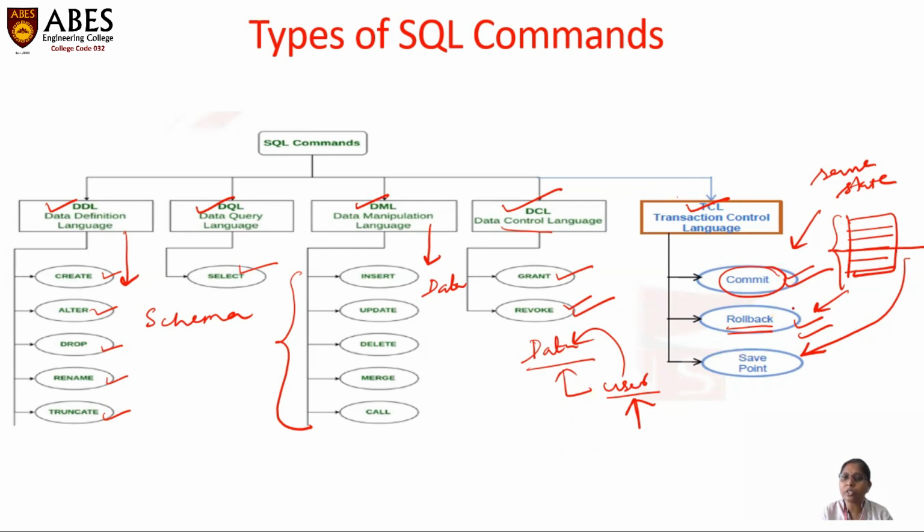In that situation, we can perform the rollback operation, so that it can make your database state consistent. That means, consistency means what? The state of your database before the transaction must be the same as the state of the database after the transaction.